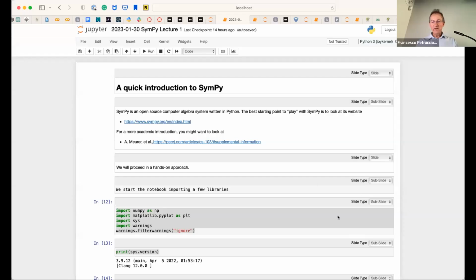Jupyter Notebook is this one here. Can you see it? Just share screen, Prof. Ah, sorry. Thank you, Benjamin. Okay, let's share again.